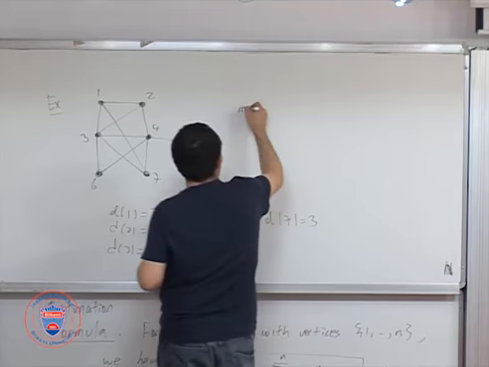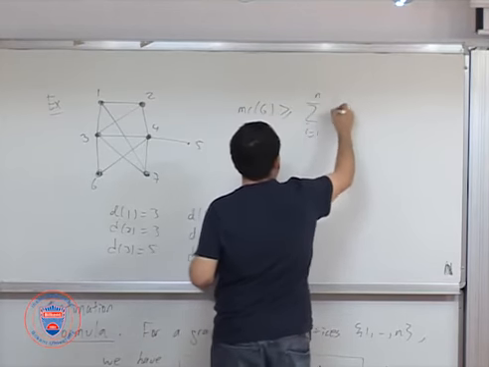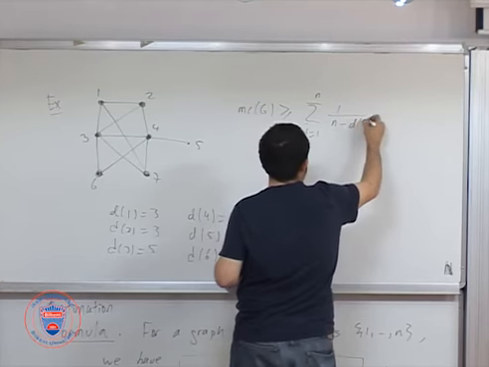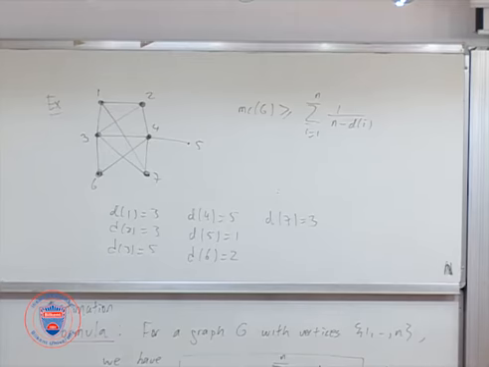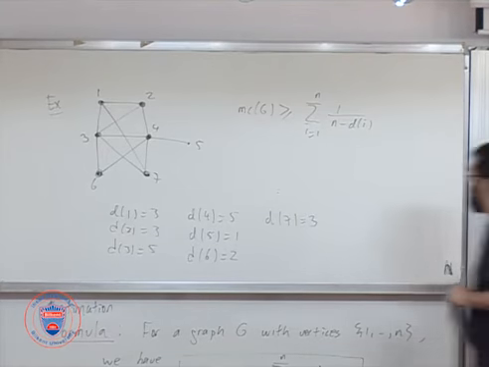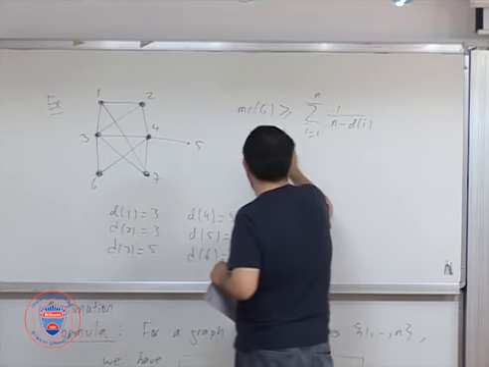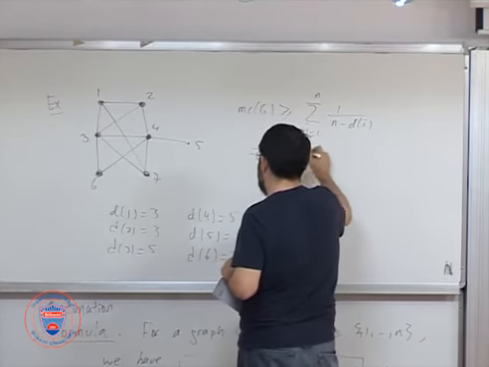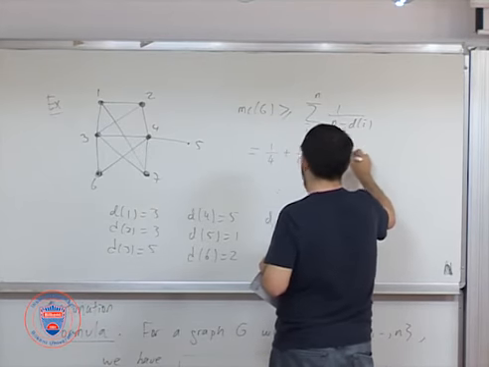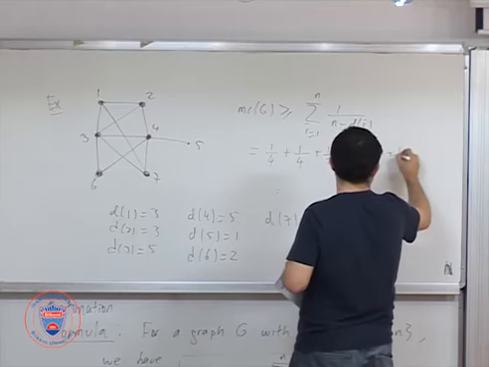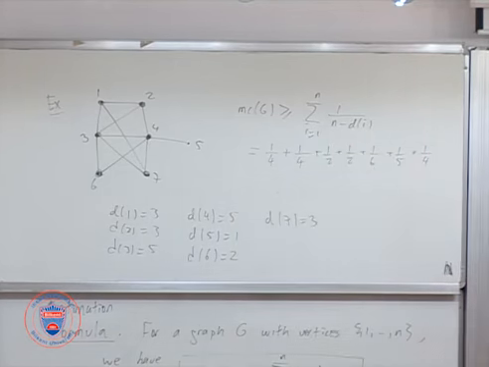So here the maximum clique size should be bigger than the sum over 1 over N minus d_i. So you use these numbers to estimate the maximum clique size, and because the total number of vertices is 7, the numbers that you're adding are the difference between 7 and these numbers. So there you have these.